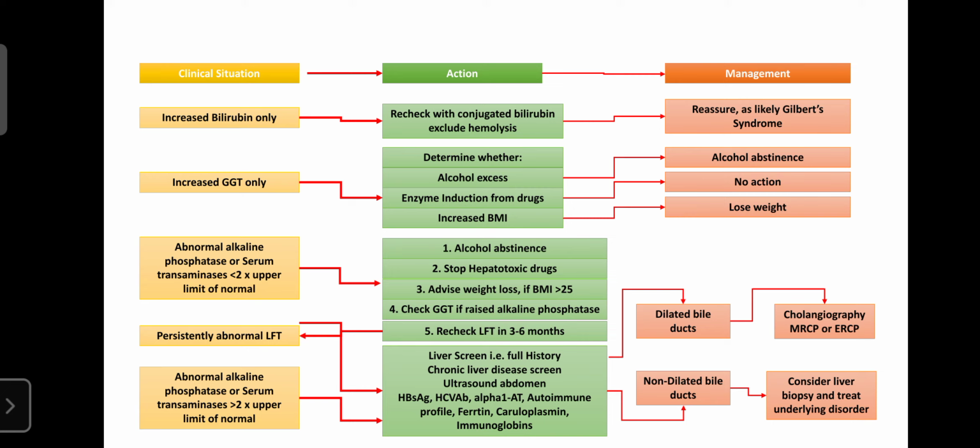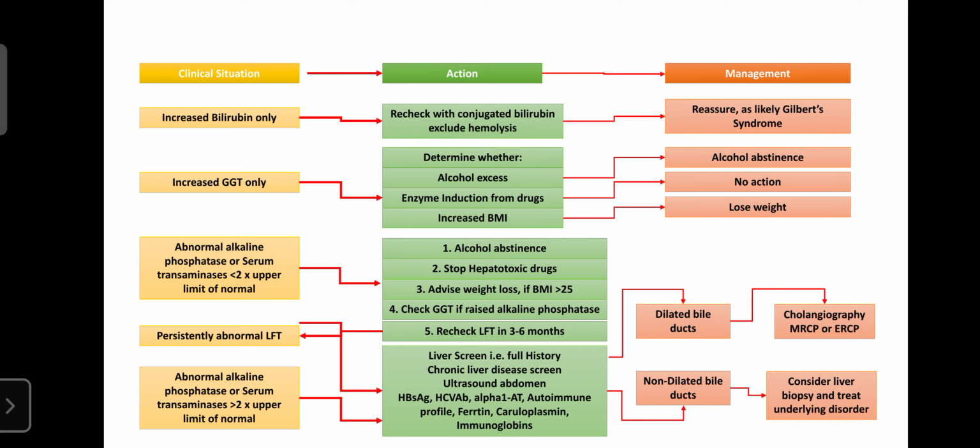Okay, because the liver has not failed, but the GGT level is increased. GGT level increasing does not mean the liver has failed. That was due to alcohol excess, or any drug that can induce the enzymes, or any increase in body weight. So you can manage by withdrawing alcohol, or in the case of the drug, you can manage the diet but not withdraw the drugs.